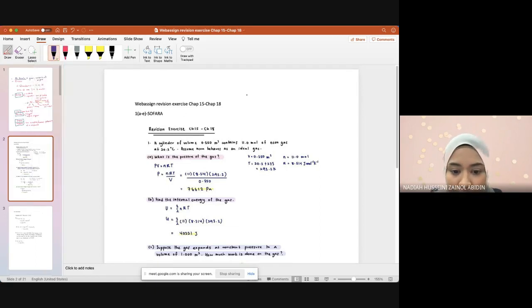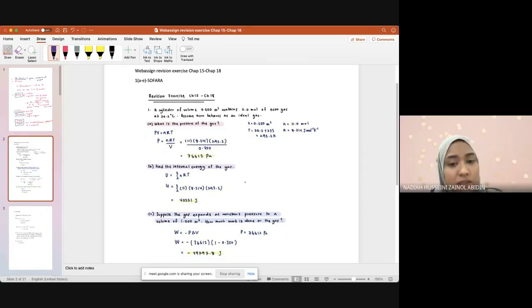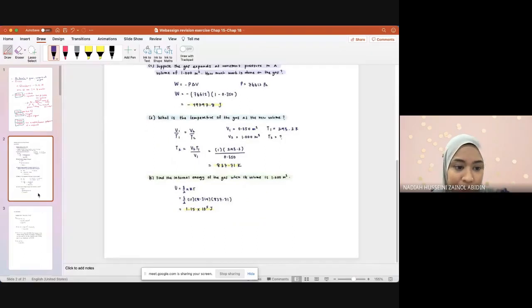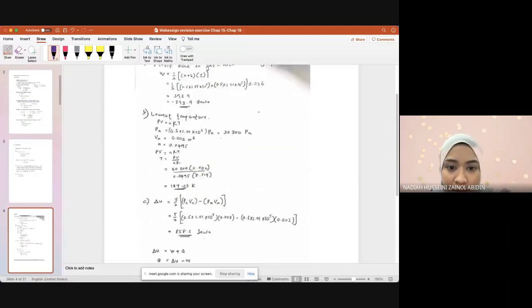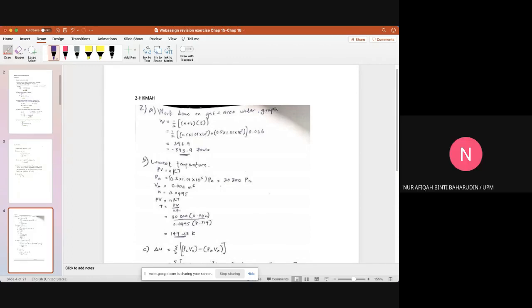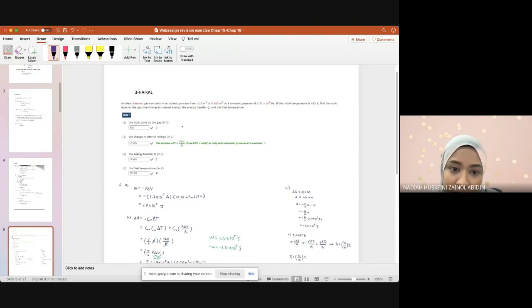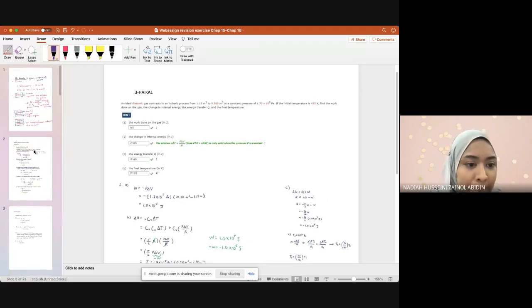I think I did not randomize it. Wait, otherwise my answer will be different from yours. The calculation is important, but don't only calculate. But I want to check whether the answer is correct. Number 3, let me look at the question. The answer is 393.9. Doctor, that is question 2. Oh sorry, right. Thank you. Number 3, Haikal 1.35. Oh no, I don't have the same questions as you guys. Okay, never mind.